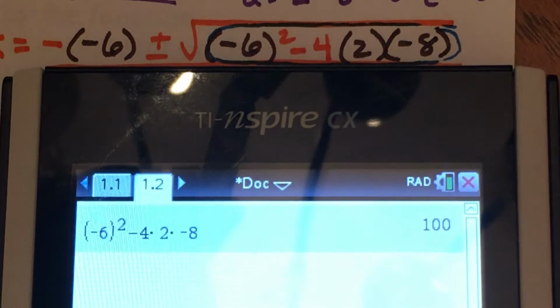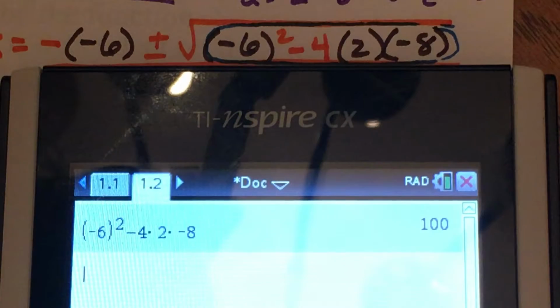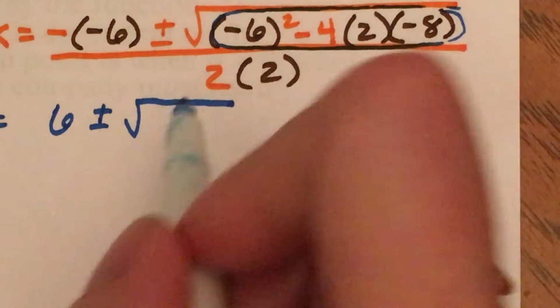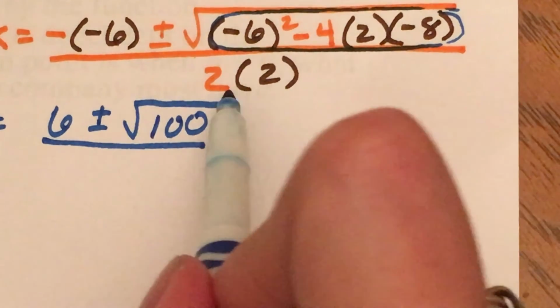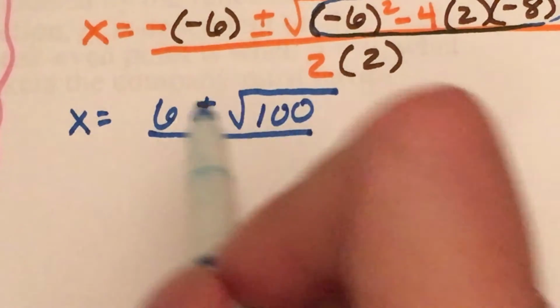Aha, did you get 100? Nice, very nice. 100. All over 2 times 2? Yeah, that's 4.